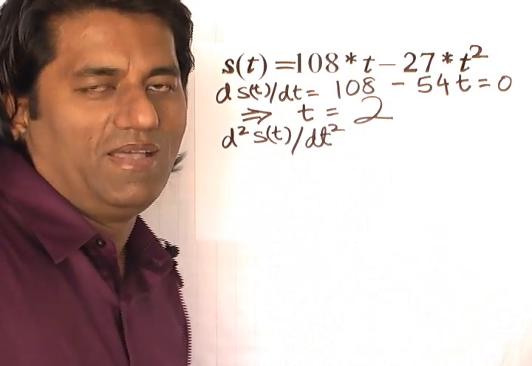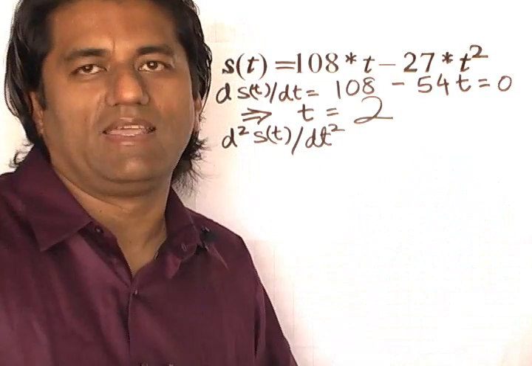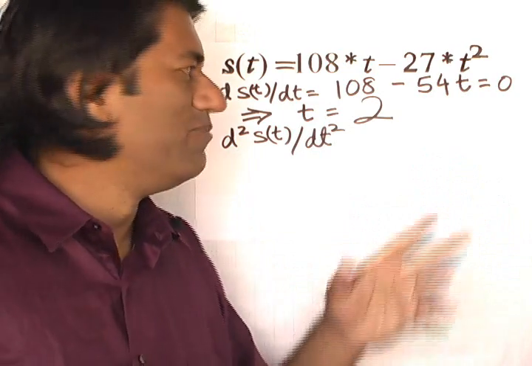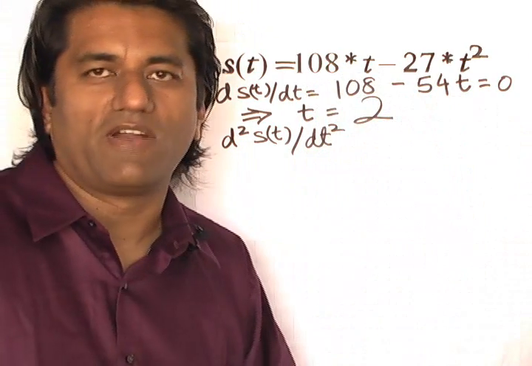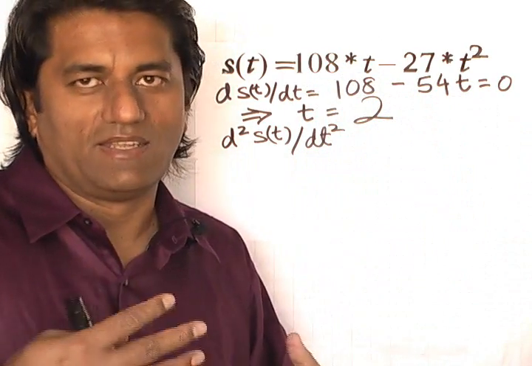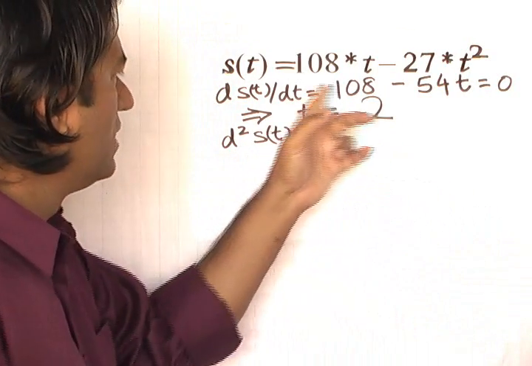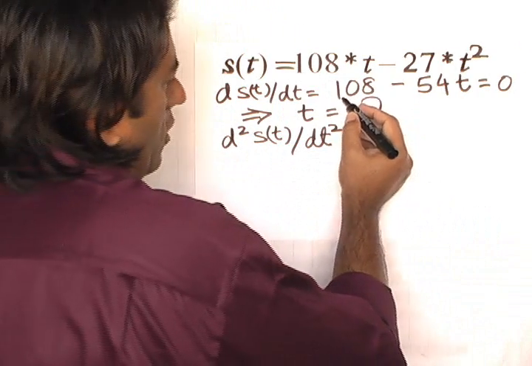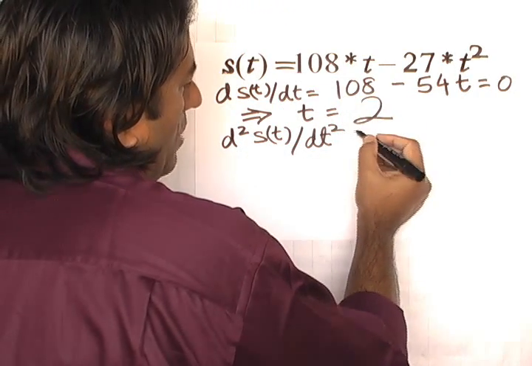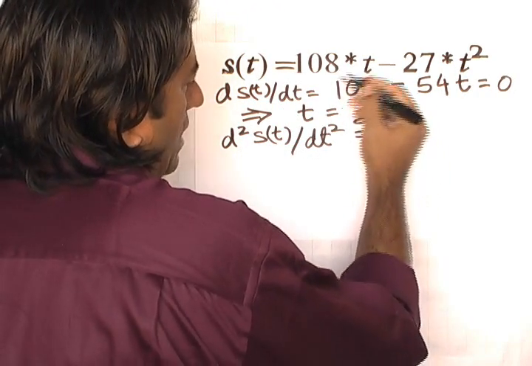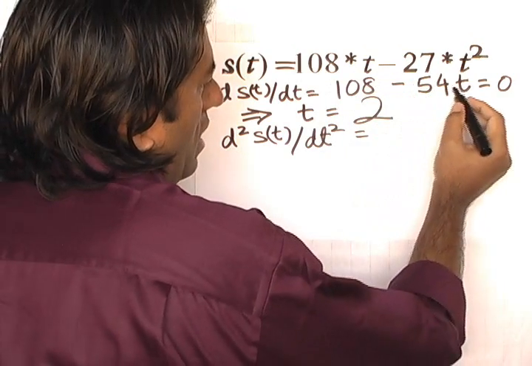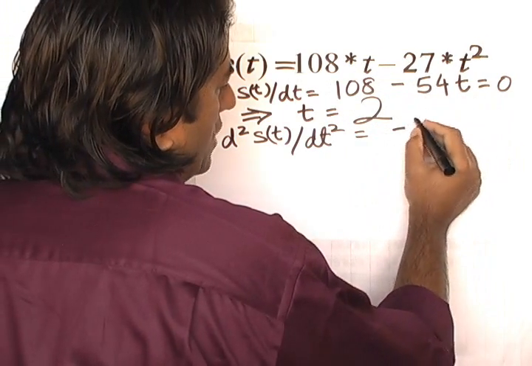And there's nothing which says that you can't keep taking as many derivatives as you wish. But the derivative of a quadratic, when you differentiate it again and again, is very soon going to become 0. However, the second derivative is going to be, now 108 is going to become 0 because the derivative of a constant is 0, and what you'll have left is minus 54.